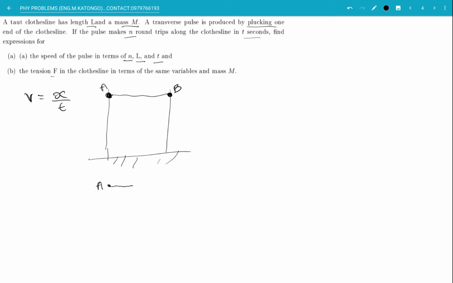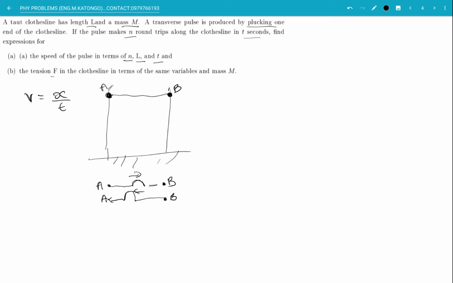There will be a wave produced, heading from point A to point B. And once this pulse reaches point B, it will reflect back to point A. The pulse, therefore, will travel the first distance, from point A to point B, and the second distance, from point B to point A.